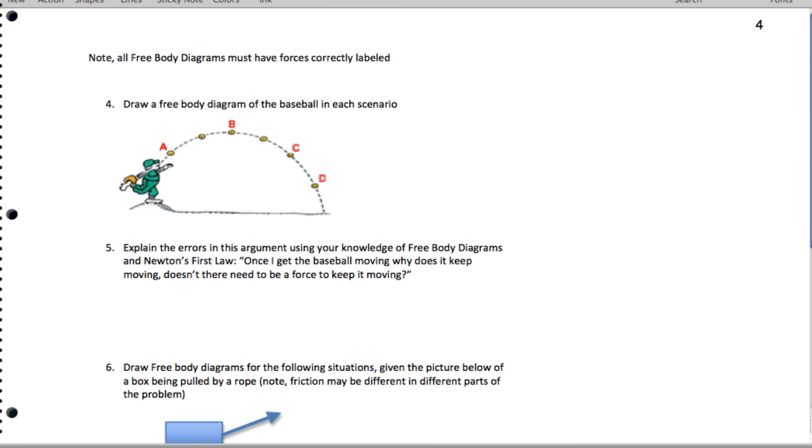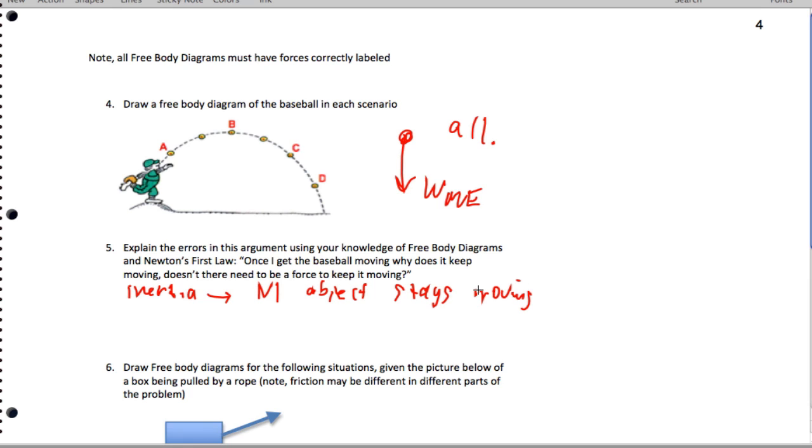Moving on here, this is my favorite answer, and I saw a lot of people do this, and this is just great. People were just like, here's the force on the object due to the earth, and this is for all. Awesome. Now here, once I get the baseball moving, why does it keep moving? Doesn't there need to be a force to keep it moving? A lot of people said inertia, and then they'd go into Newton's first law, and they'd say object stays moving, a force has to stop it.